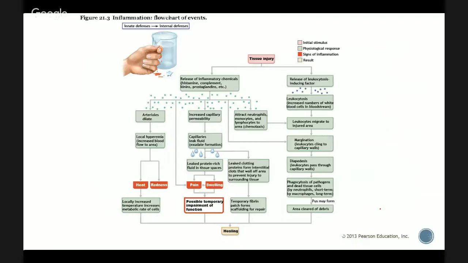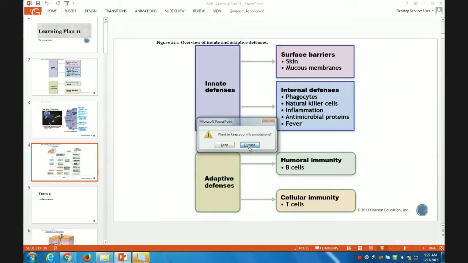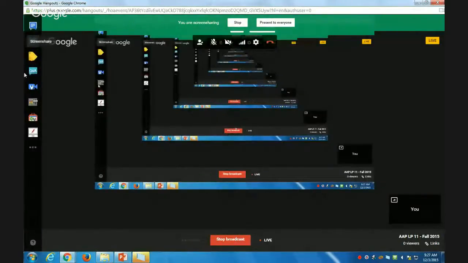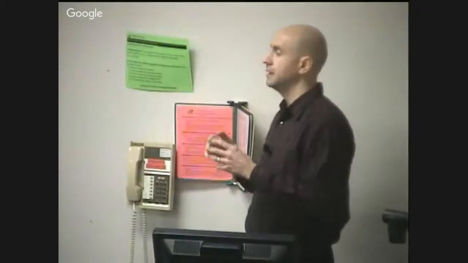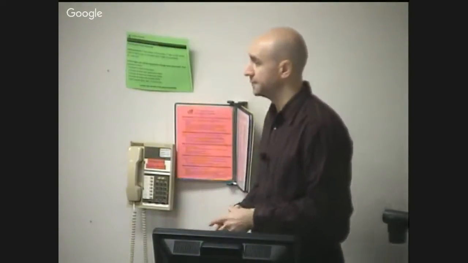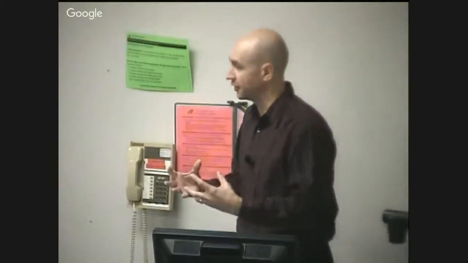Now, just so you understand, the way that natural killer cells work and the way that these cytotoxic T cells work is that they will not kill the virus itself. So let's say we have a virally infected cell. The natural killer cell, the cytotoxic T cell, does not kill the virus.